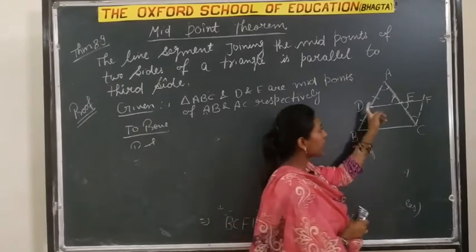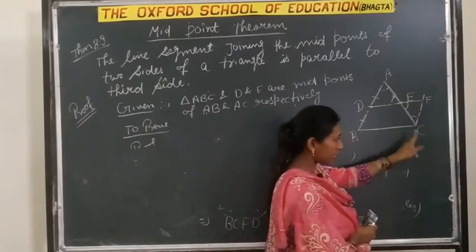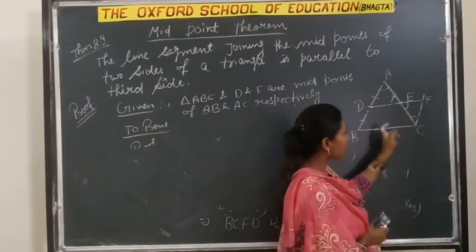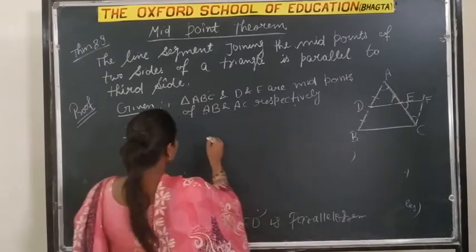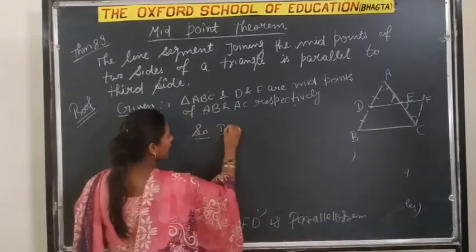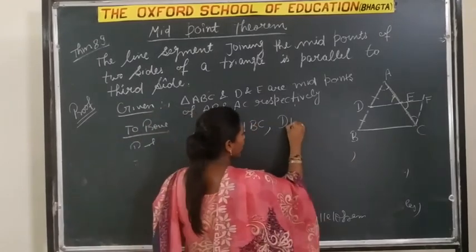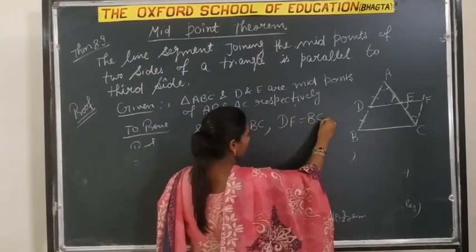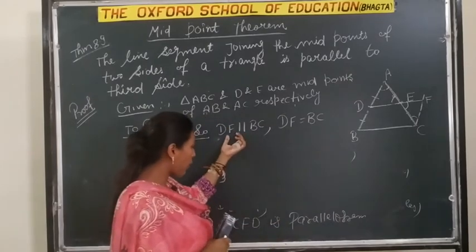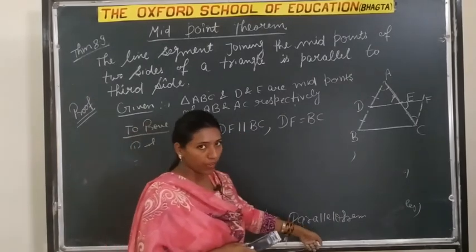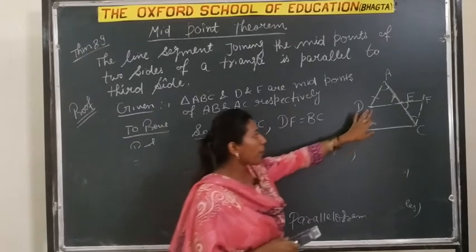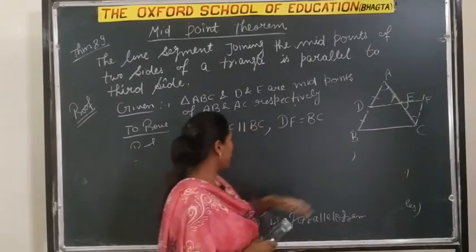So DF is equal to BC and DF is parallel to BC.